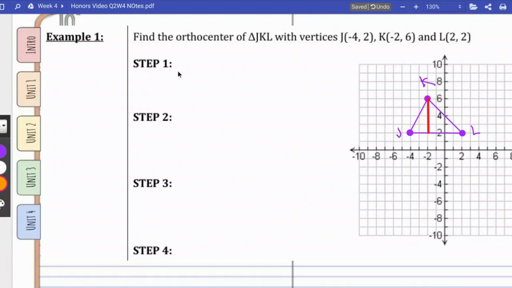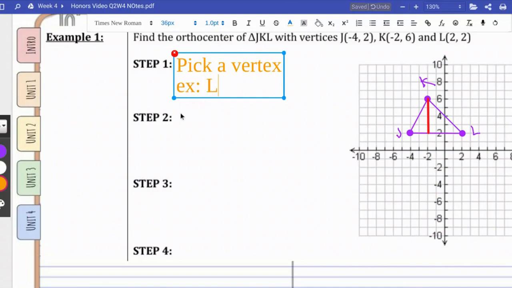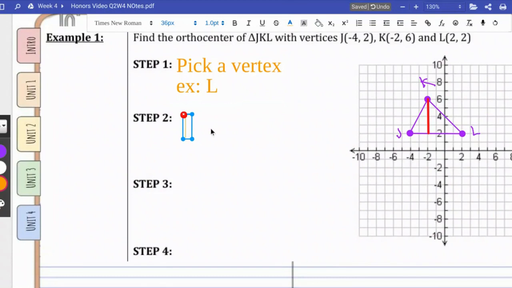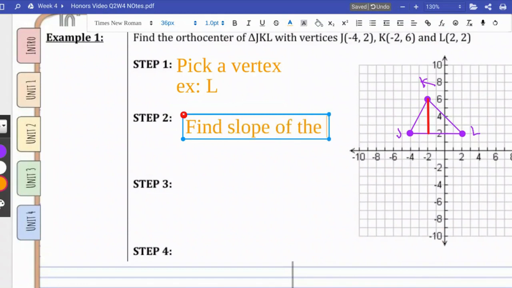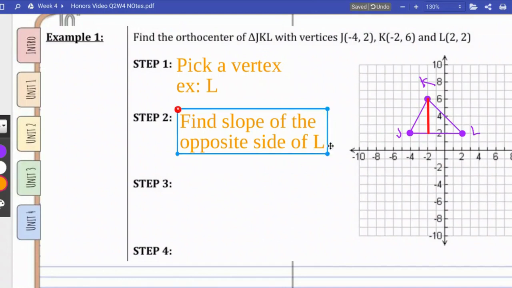The other altitudes are a little bit harder to find. First thing we need to do is pick a vertex. In this example, let's pick vertex L. Step 2, let's find the slope of the opposite side of L. So what side's opposite of L?